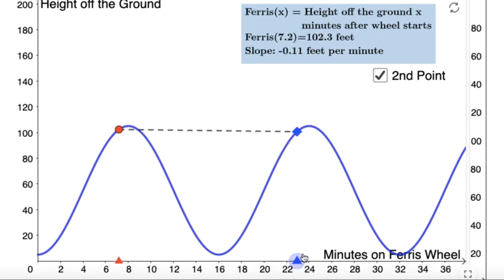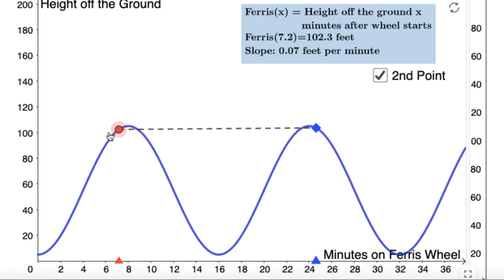In fact, that would be the same if we went from here to here. Your height barely changed, even though you're moving. Your height off the ground is back to what it was at the red dot when you get to the blue dot. So your average change in height, given by the slope, is about 0 feet per minute, or in this case, 0.07.